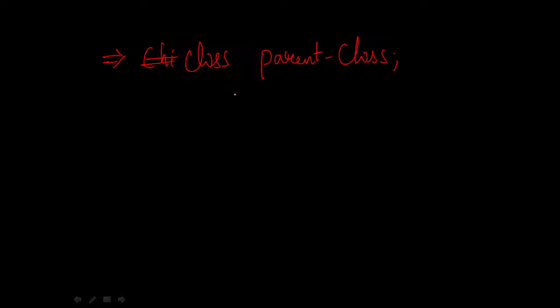So let's say we have a class called parent_class, and let's say it has two properties, int a and int b, and a method, function display.